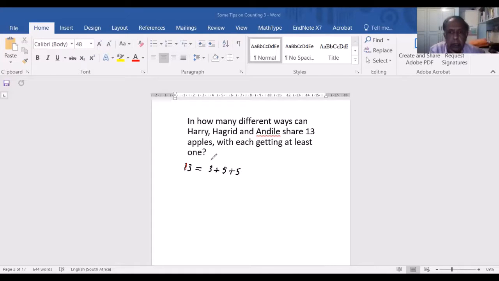Right, this is Harry, Hagrid and Undila. They can share it like this, or they can share it like this, or they can share it as this. There are many ways. So the question is now, how many ways can this be done?